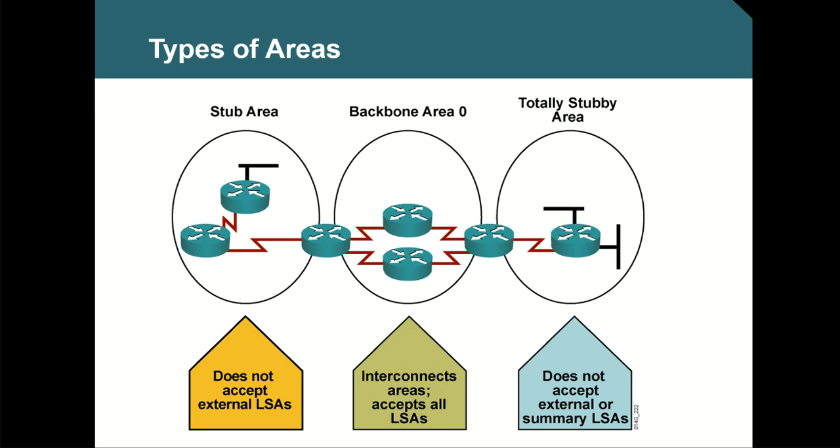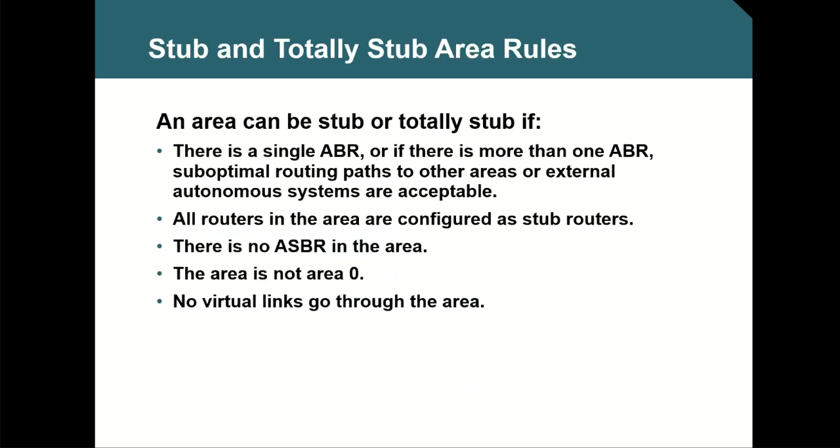There are a few points that we need to remember when we are configuring stub or totally stub. What are they? That area should be with a single ABR. If you have more than one ABR, you need to make sure the optimal path is only through one ABR. Secondly, we need to go to every router and configure stub.